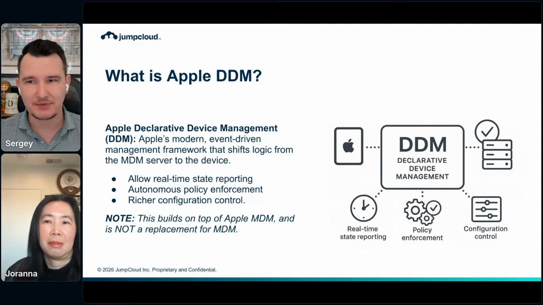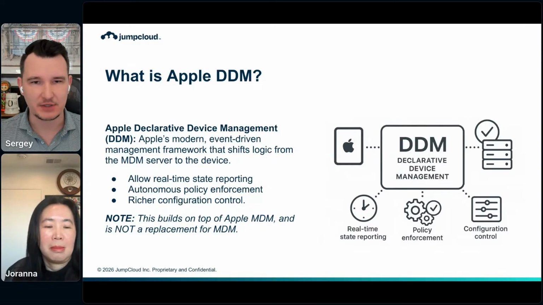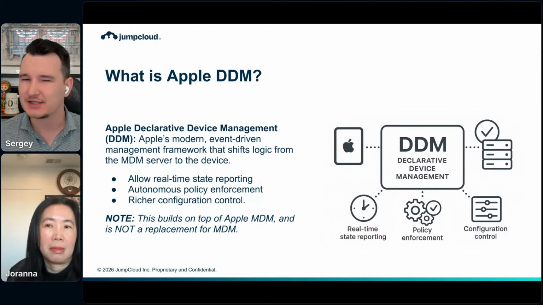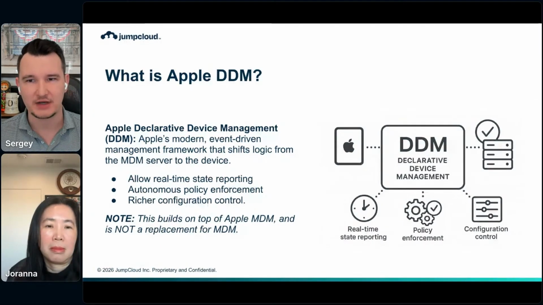It's a transformative update that Apple has been developing for quite some time. It allows a device to be autonomous and proactive, really freeing up the MDM server to be more lightweight, reactive, and subscribe to those updates without having to constantly poll the device. So an autonomous device starts reacting to its own state changes.